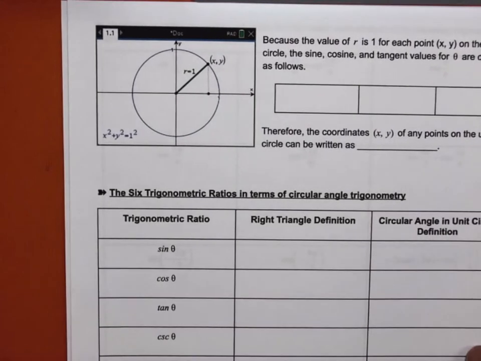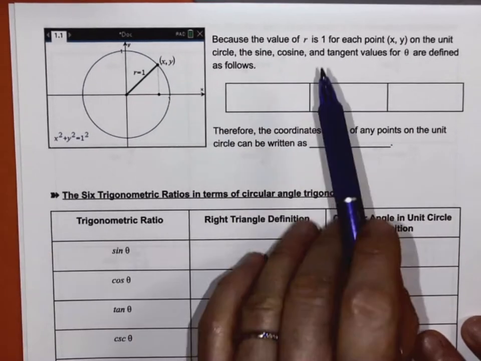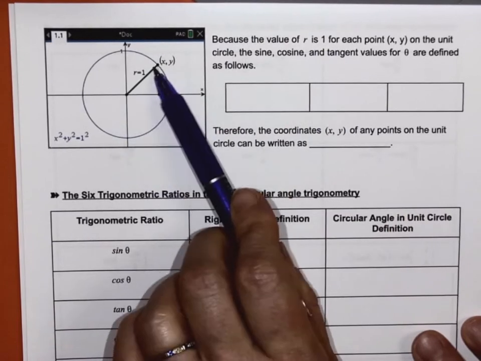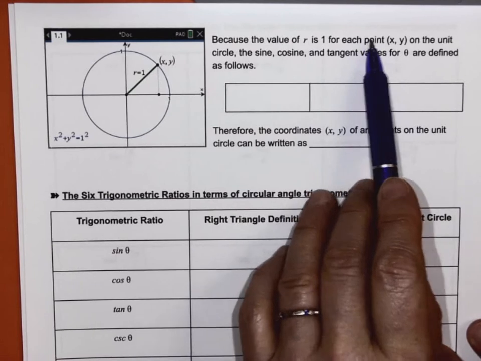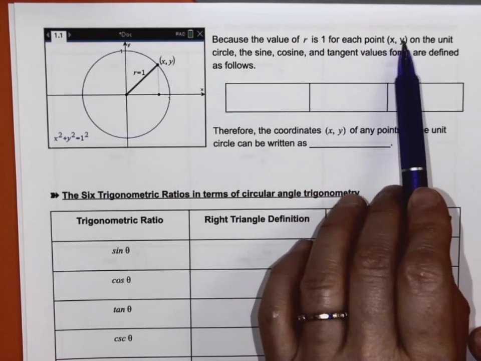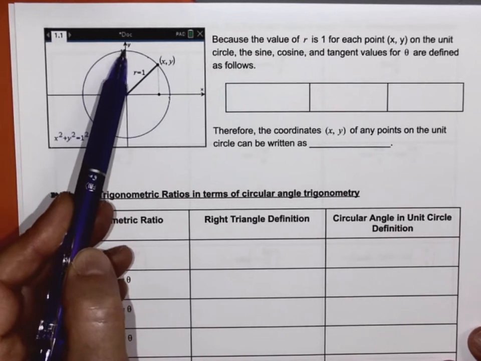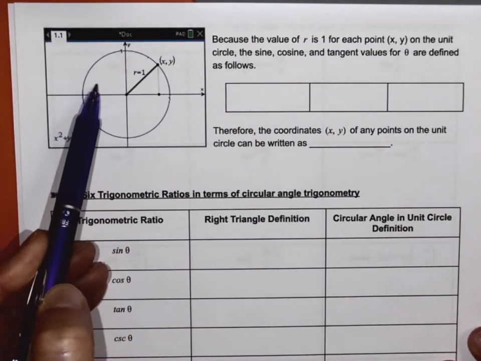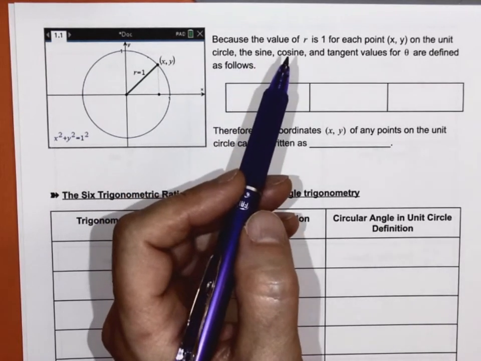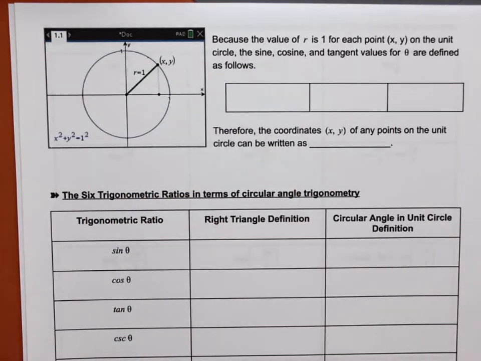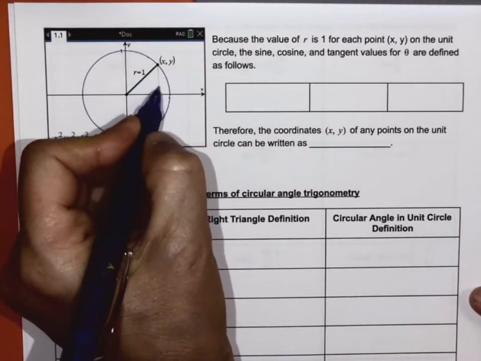The value of r is 1, right? Because my radius is 1 everywhere on that circle. And so for any point x, y you pick on the circumference of the circle, the sine is opposite over hypotenuse, so the sine would always be the y value over 1.